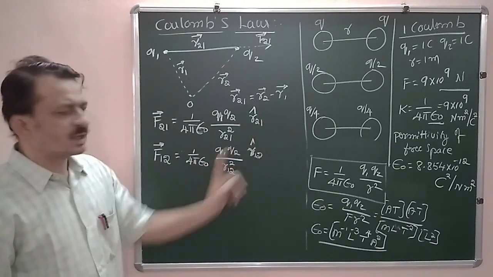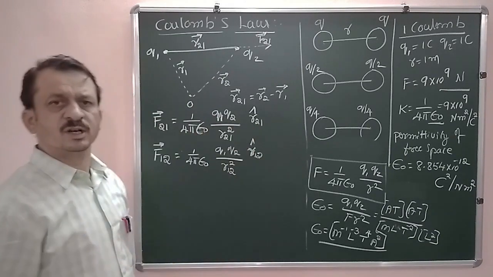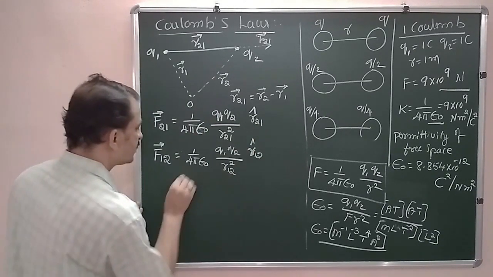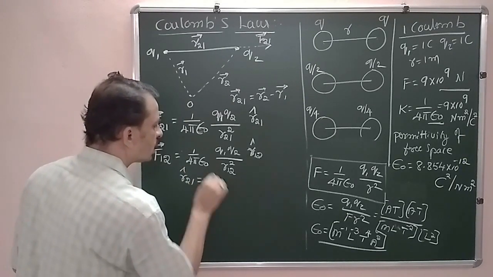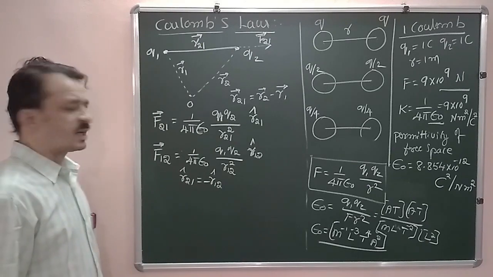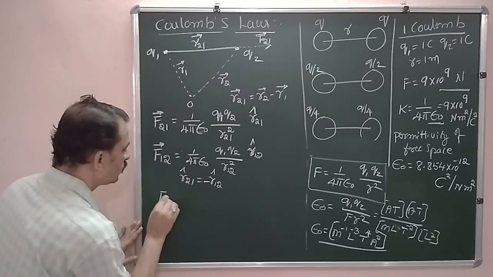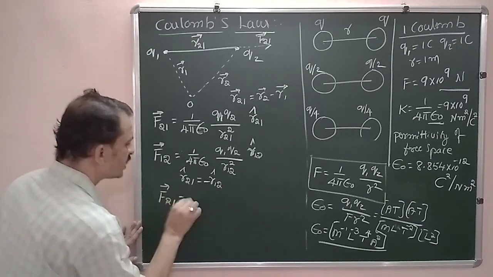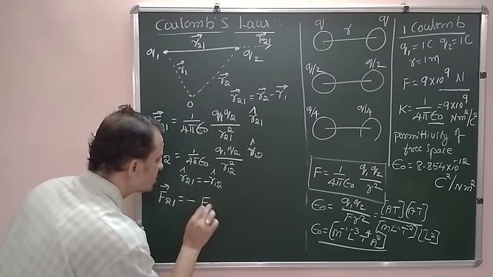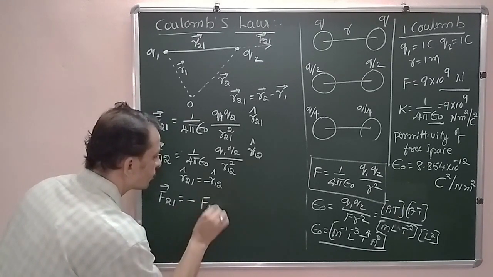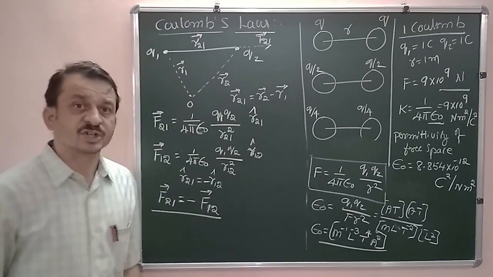Now look here. These two unit vectors are the same in magnitude but opposite in direction. That is, R21 cap has the same magnitude as R12 cap, but it is in the opposite direction. With this relation, we can conclude that F21, the force on the second charge due to the first charge, is the same as the force on the first charge due to the second charge, but in the opposite direction.